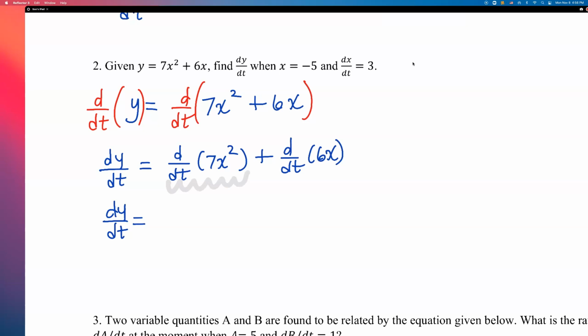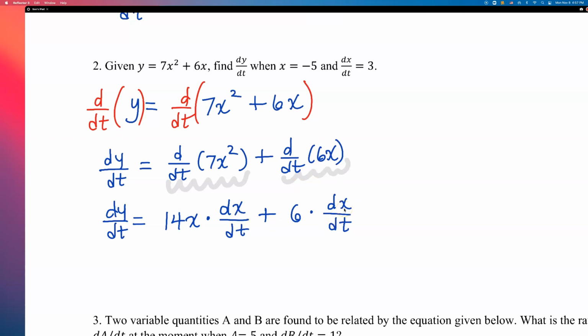What is the derivative of 7x squared? That is 14x, right? But don't forget to multiply by dx dt. Plus, what about this? The derivative of 6x is just 6, but we need to multiply that by dx dt, because we're trying to differentiate this with respect to t. So that's why when we do this, we have to put these dx dt or sometimes dy dt.